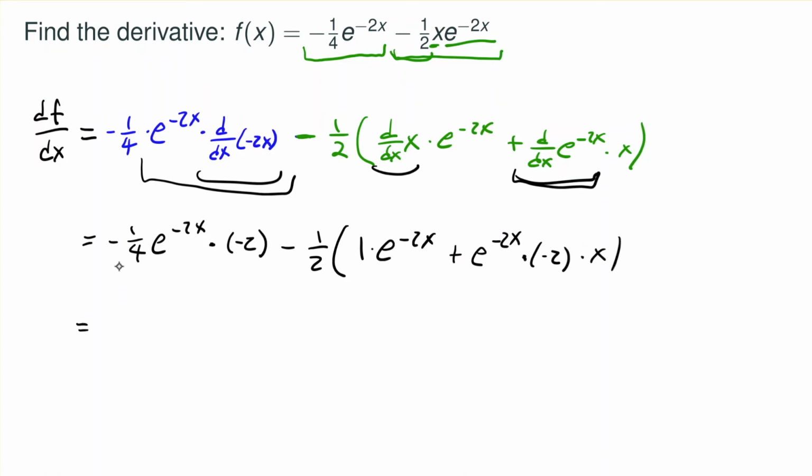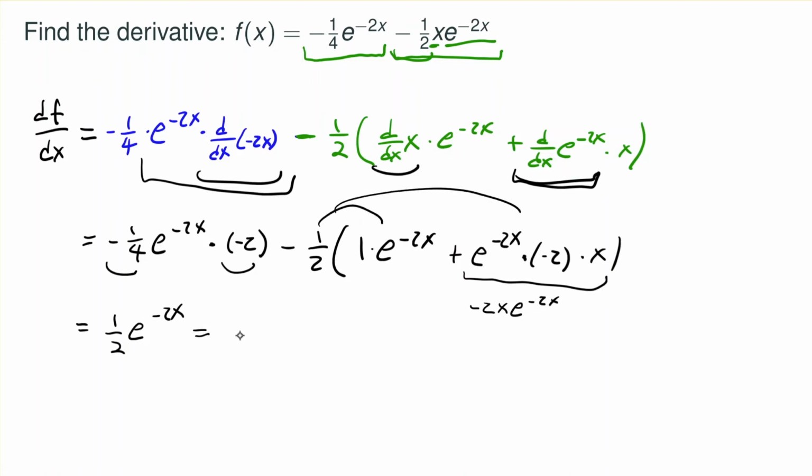So let's simplify here. We can multiply negative 1 over 4 and negative 2. We'll get positive half. And we can rewrite this as negative 2x e to negative 2x. And we distribute half. Negative half.